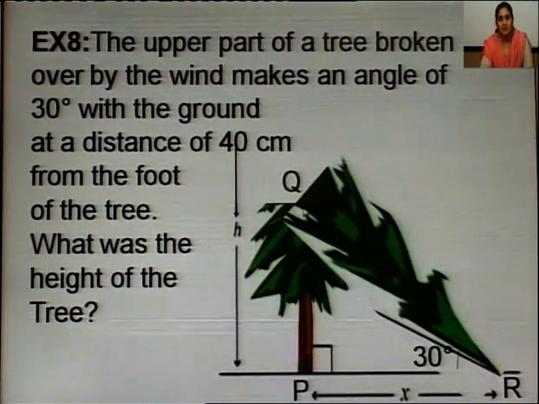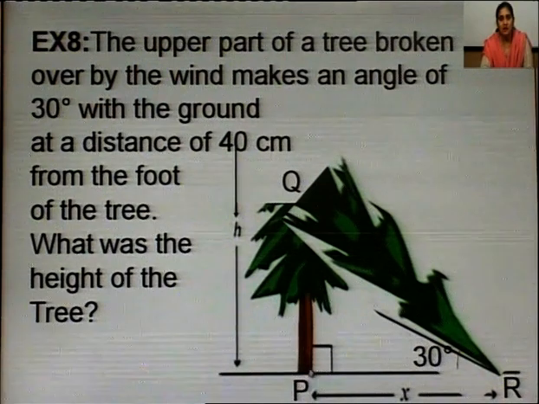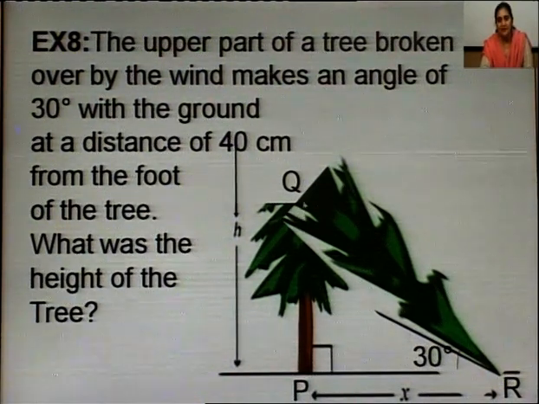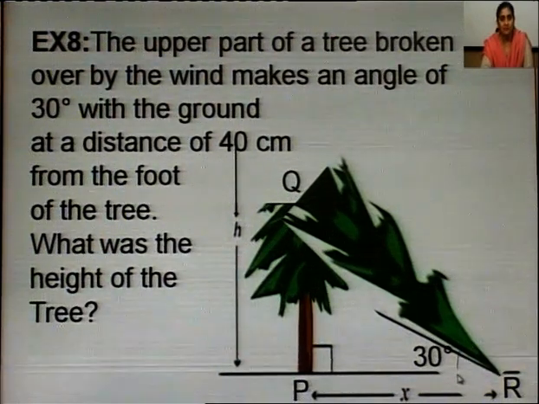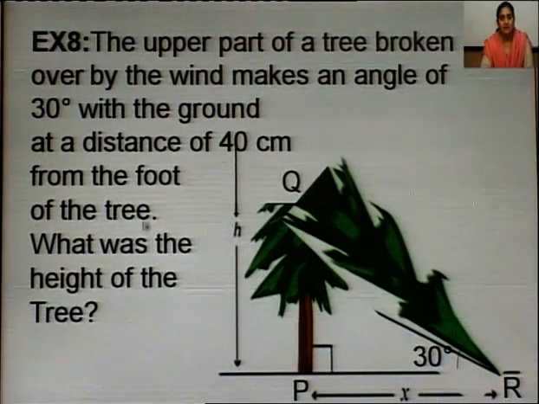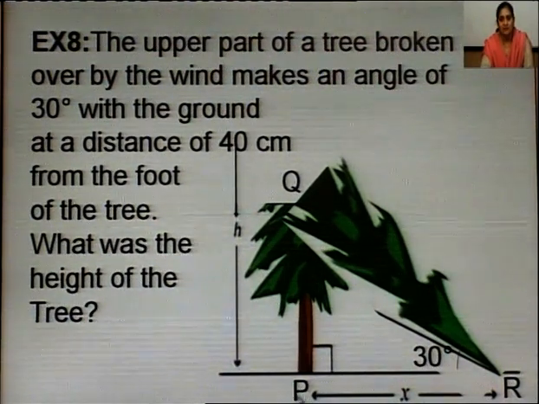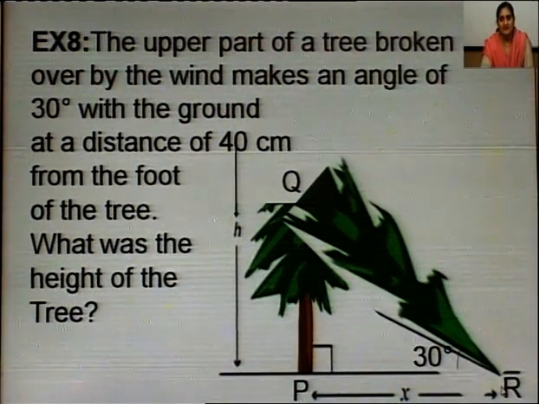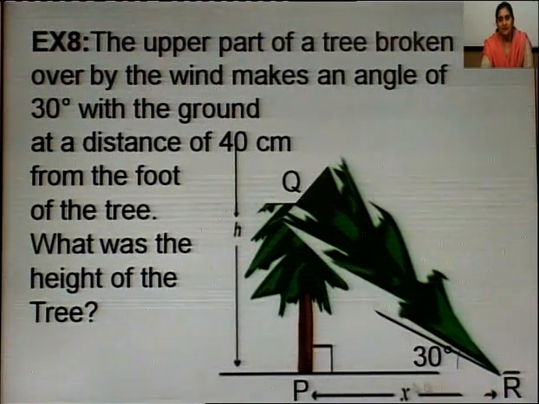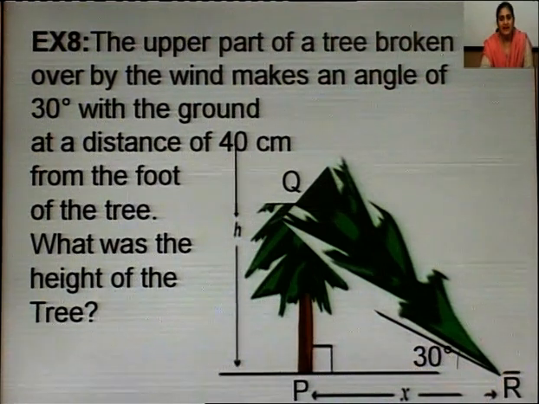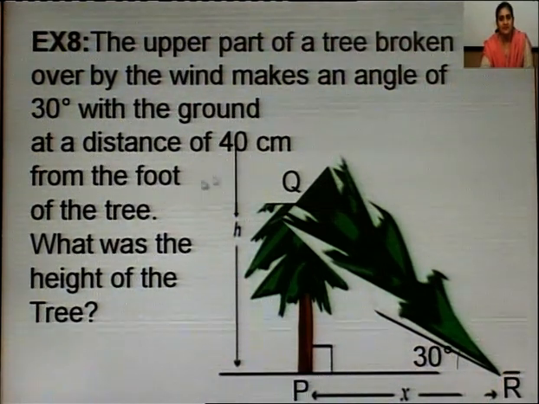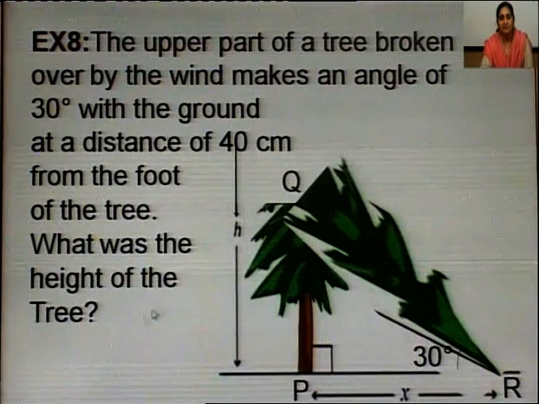Due to wind, the tree broke into two parts, and the upper part falls down on the ground, making an angle of 30 degree with the ground, and it fell at a distance of 40 meters. So PR is the distance from the foot of the tree, given as x is equal to 40 centimeter. What was the height of the tree?